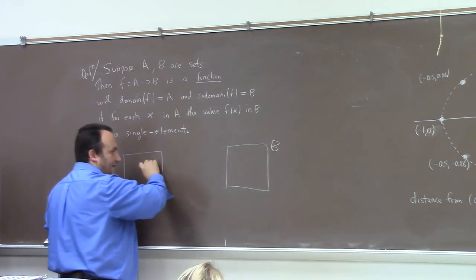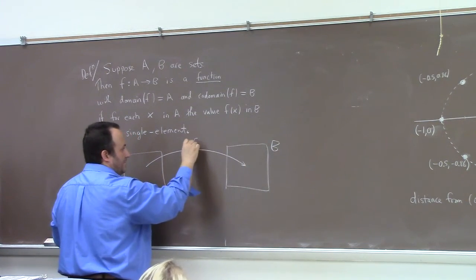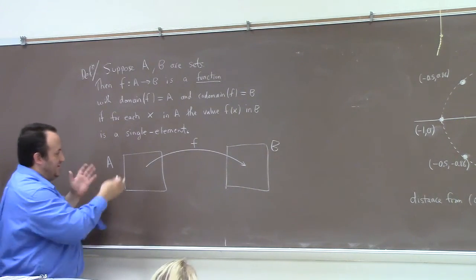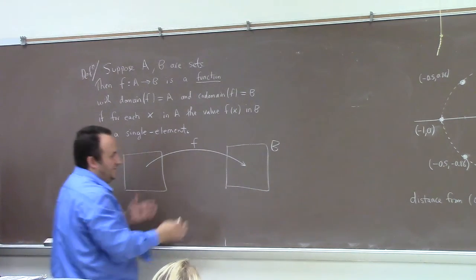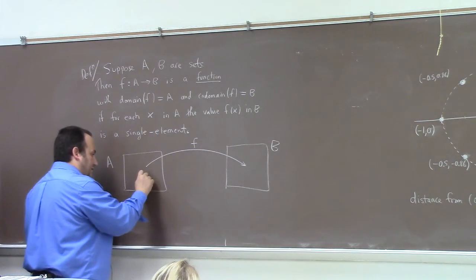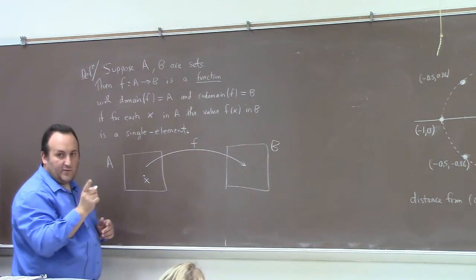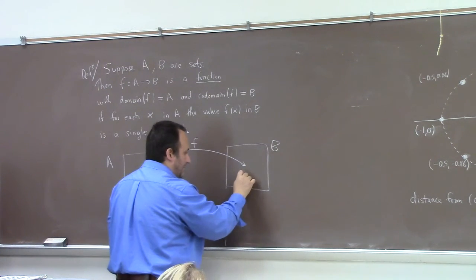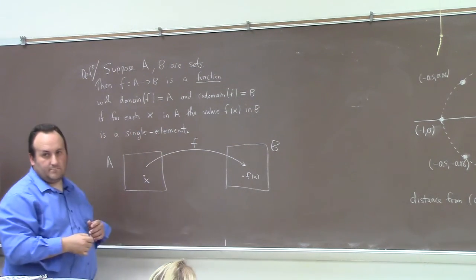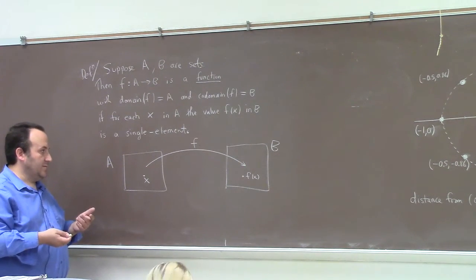It takes something in A, and it moves it over to something in B. It's a machine that takes things in A and produces things in B. But the way the machine works is that if you give it a single input, x, you get a single output, f of x. That's it.